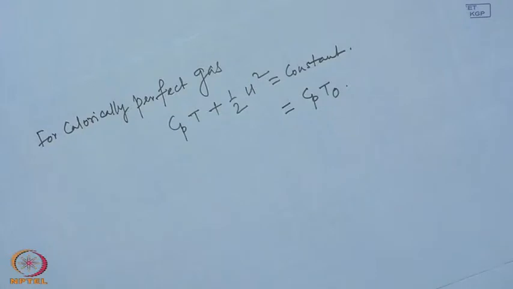Now, if there is no heat addition between two reservoirs, then the enthalpy of both reservoirs is the same, let us say denoted as H0, and considering a calorically or thermally perfect gas, the temperature is also the stagnation temperature or reservoir temperature.